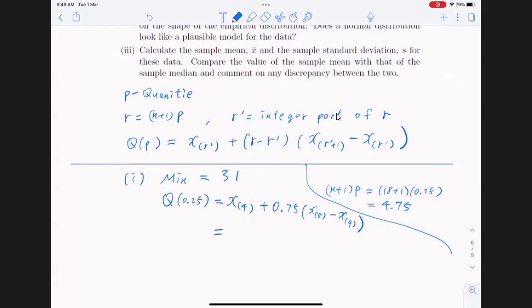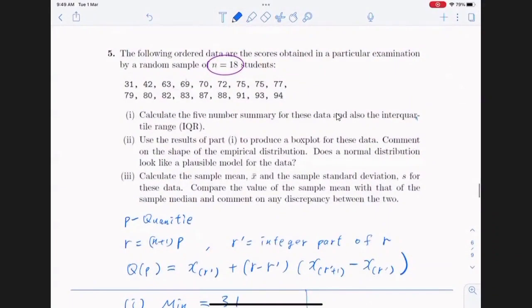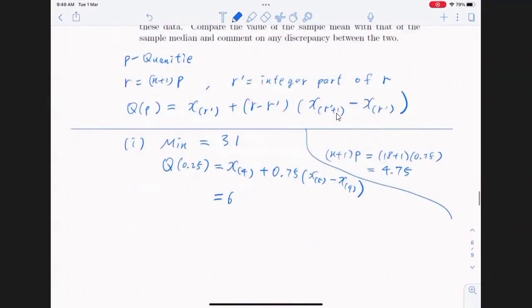So we may refer to the data set, and because the data set has been sorted, we can easily locate the number with rank 4 and the number with rank 5, which are 69 and 70. So 69 plus 0.75 multiplied by 70 minus 69.